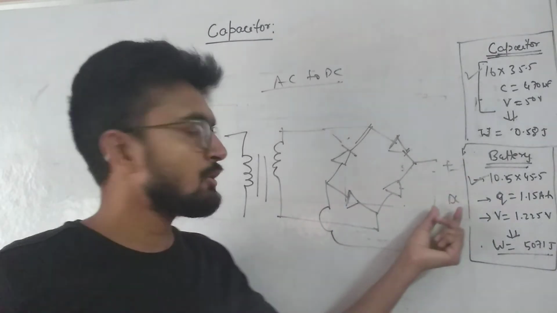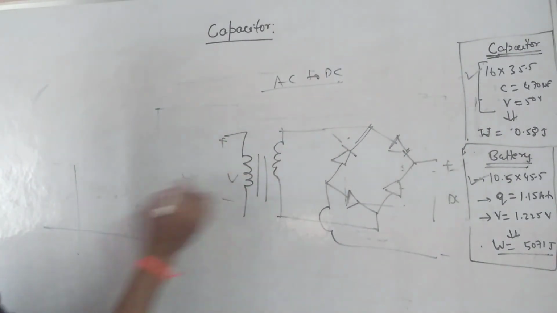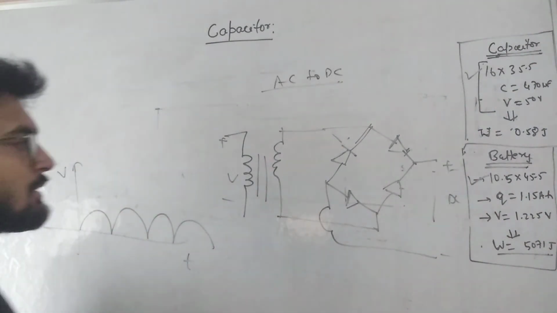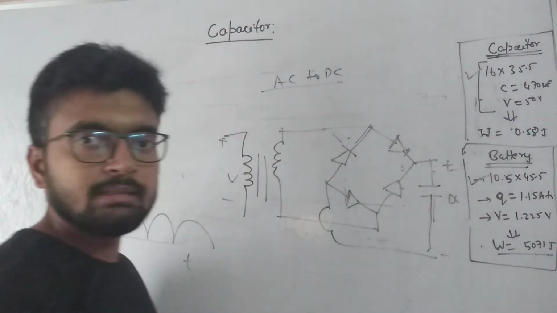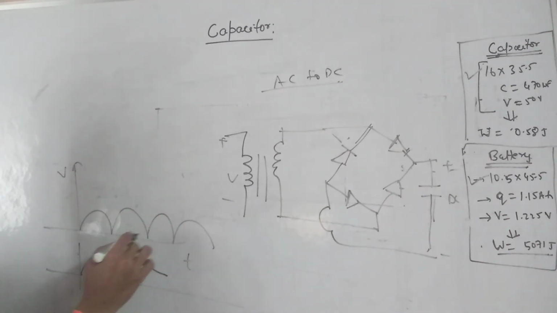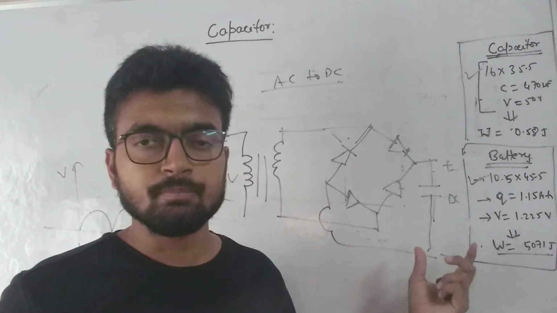Our goal is to get DC output, but the output which we get at the end is something like this for a full wave rectifier. But if you connect a capacitor to the output load, then the waveform changes to like this. It smoothens the curve. The curve which we get now is smoother, so it removes the ripple present in the DC output of the waveform.